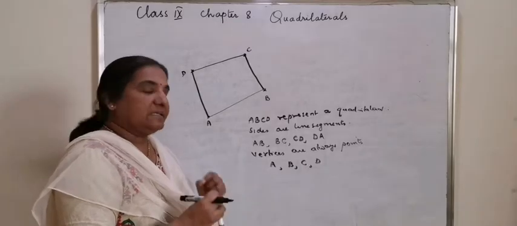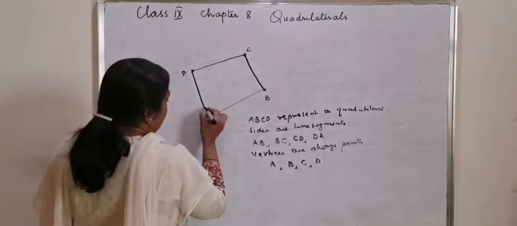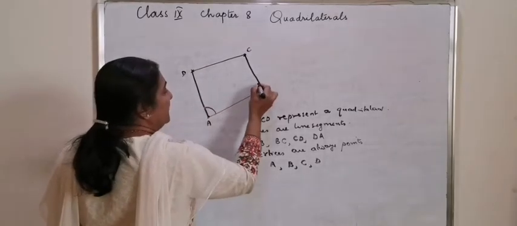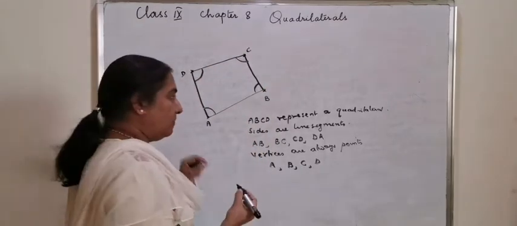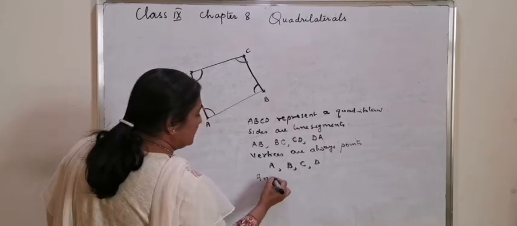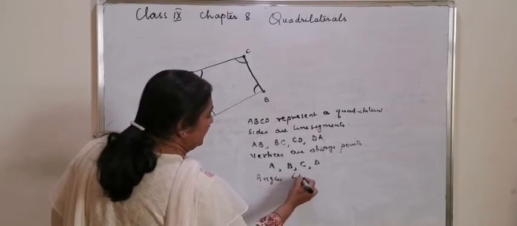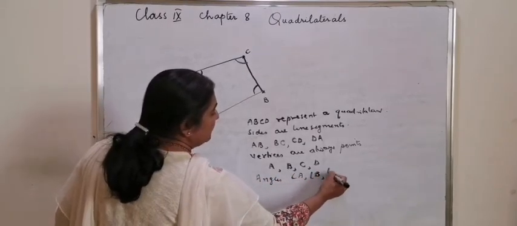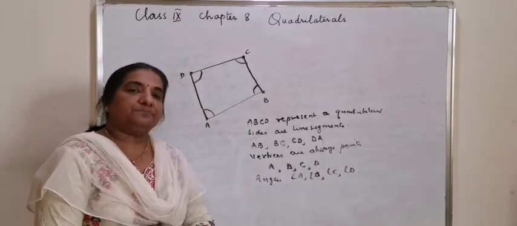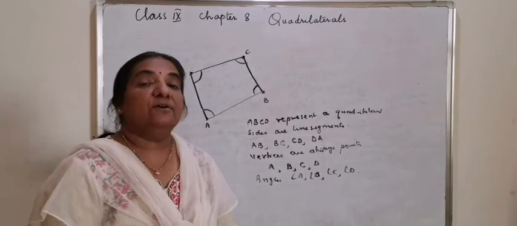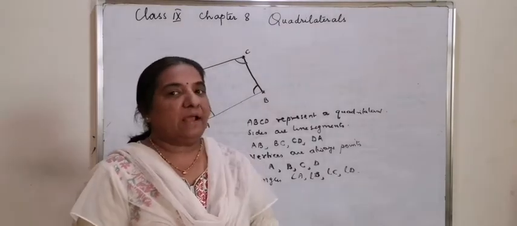What is at each vertex? There are angles formed, and there are 4 angles for a quadrilateral. The angles of the quadrilateral are angle A, angle B, angle C and angle D. So in general, a quadrilateral has 4 sides and 4 angles.